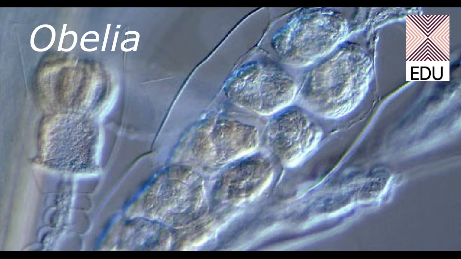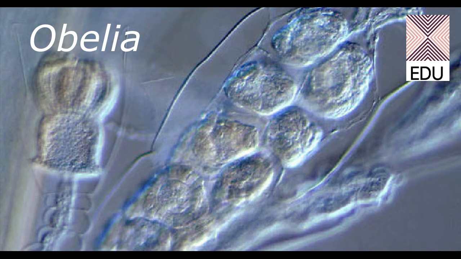Now we are starting with the first type of zooid, which is called the polyp. It is also called hydranth. This polyp is the nutritive zooid of the colony. As discussed earlier, polyps have a mouth in the center, so they can feed upon the food present inside the water.